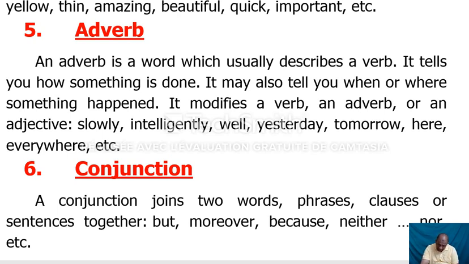So, when we speak about an adverb, take into account that it can modify a verb. It can modify an adverb, and it can modify an adjective. The examples that we have here: slowly, intelligent, well, yesterday, tomorrow, here, everywhere, etc.